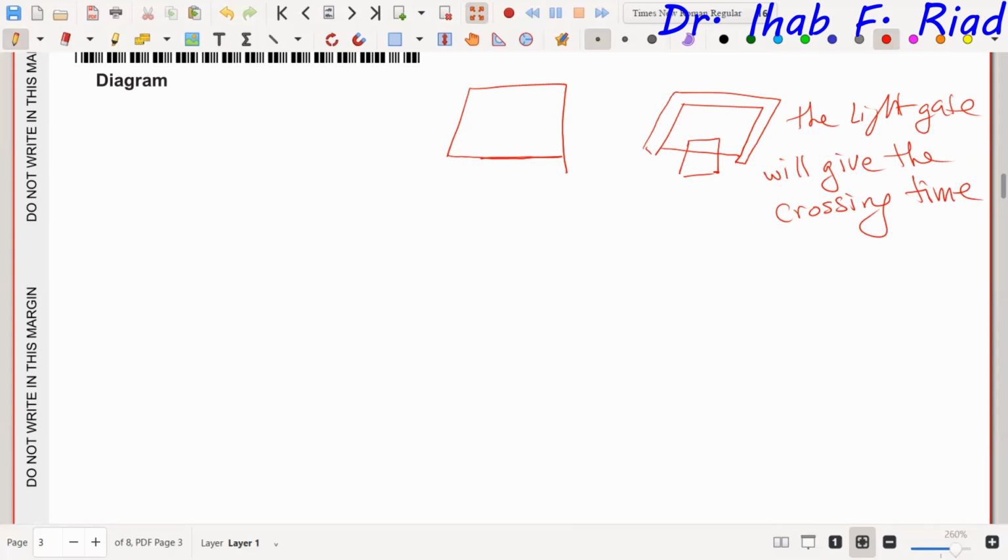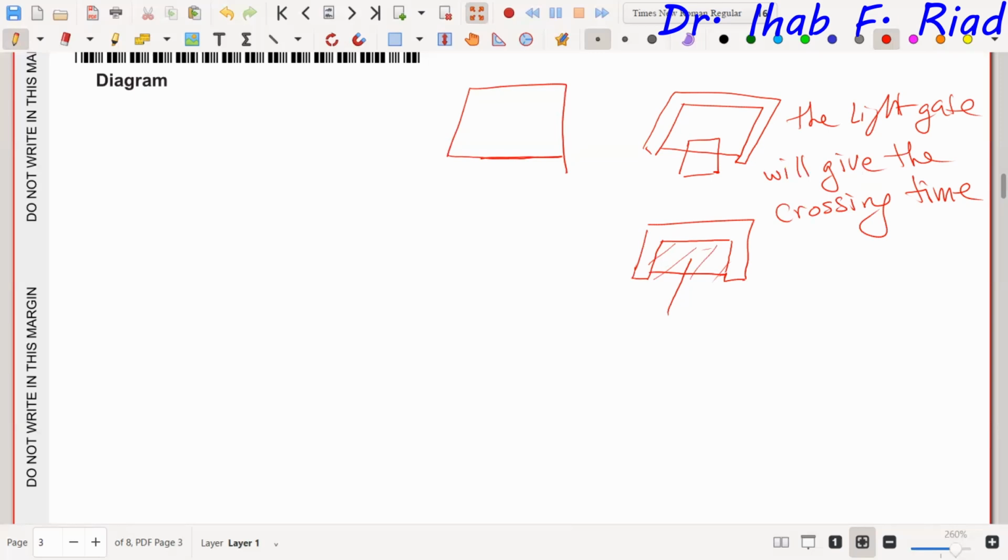Imagine it as something that looks like this. This is an opening, and we have a laser light that is going like this. If something crosses this laser line, the light gate will tell us for how long this thing took to cross.